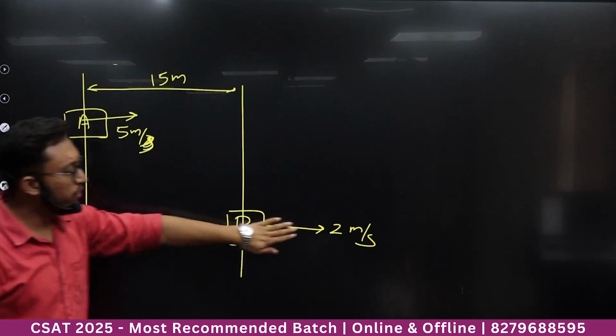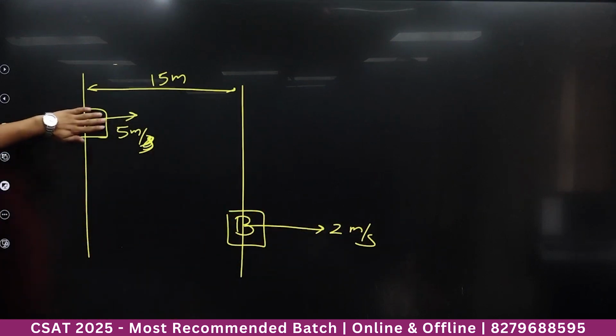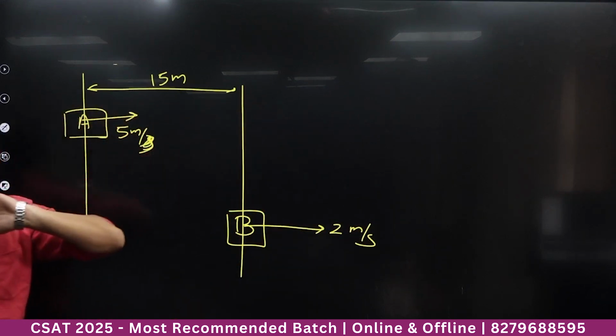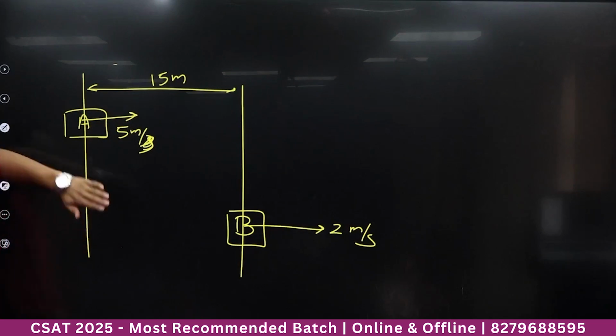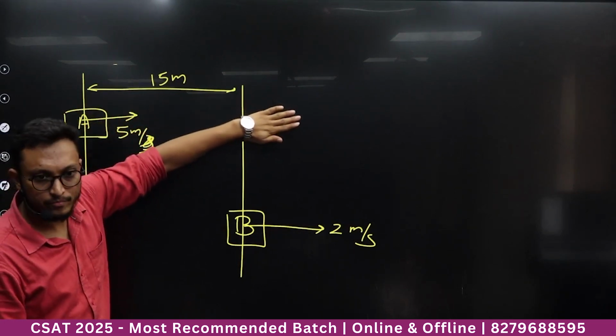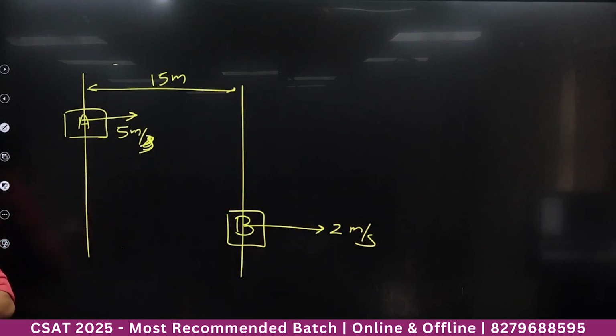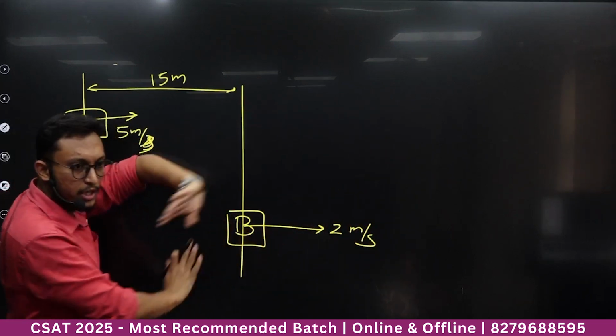Car B is moving in this direction with the speed of 2 meter per second. Car A is moving in this direction with a speed of 5 meter per second. कुछ टाइम बाद since its speed is greater, ये इसके बराबर आ जाएगी and they will start moving together for some time. For an instant of time they will be in the same straight line.